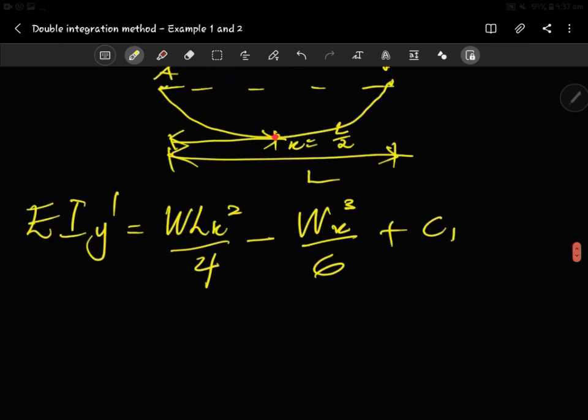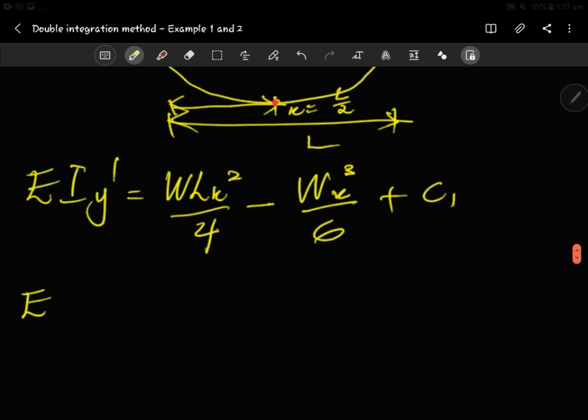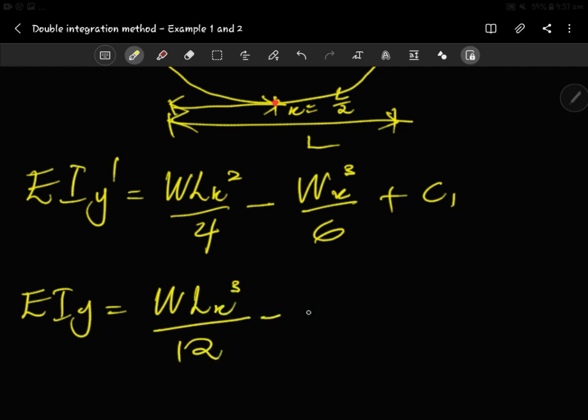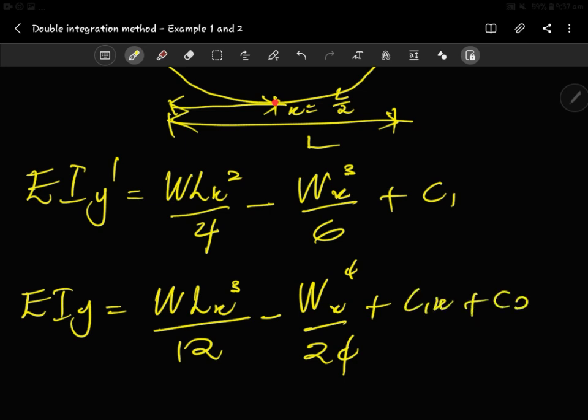When we do the second integration, we get EIy, and we get WLx to the power 3 on 12 minus Wx to the power 4 on 24, and then plus C1x and C2.